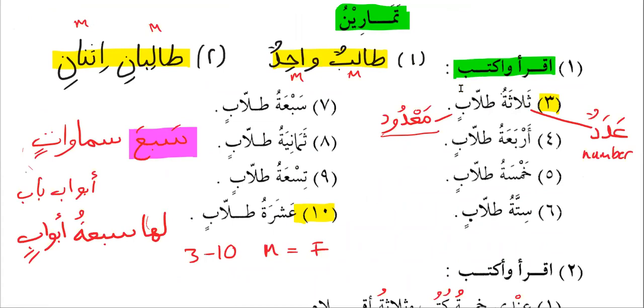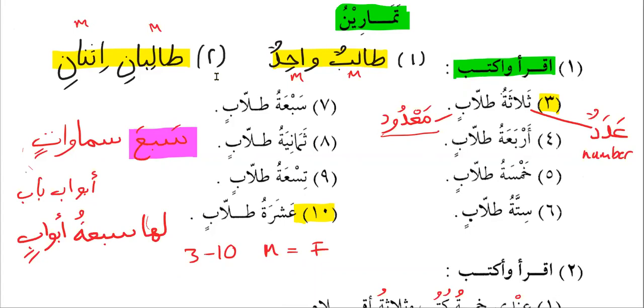And when it is masculine, its numbers will be feminine. And when it is feminine, its numbers will be masculine, vice versa. We say ثمانية طلاب. So just keep in mind all the ayahs. وخلق الله 7 سماوات.